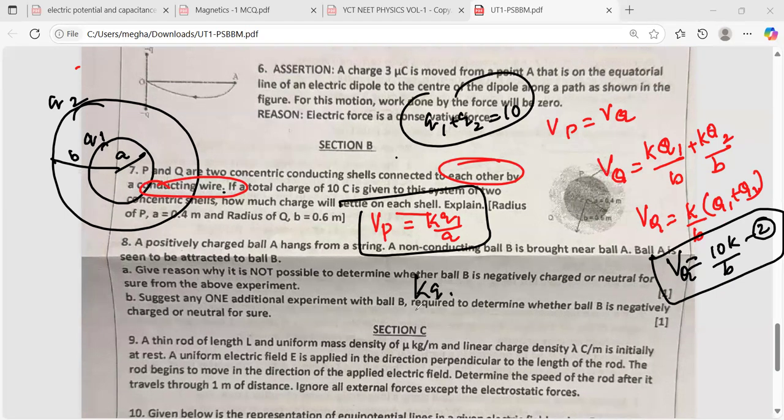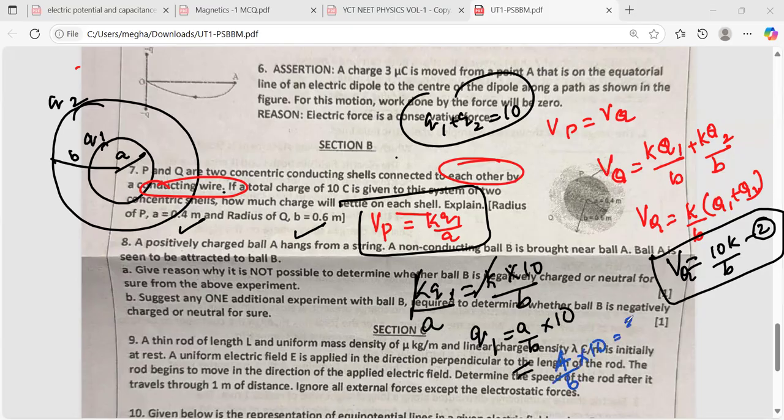So KQ1 by A is equal to K into 10 divided by B. Now K, K get cancelled. So Q1 is equal to A by B into 10. What is A? 0.4. What is B? 0.6. So therefore, I can write here 0.4, that is 4 by 6 into 10.